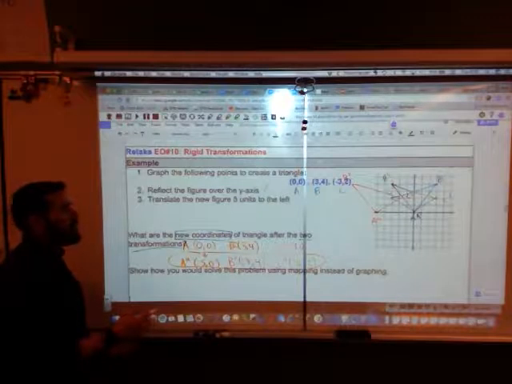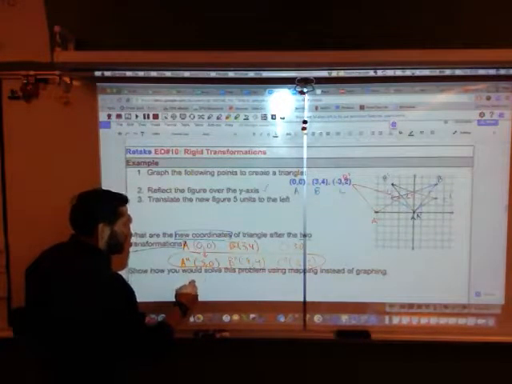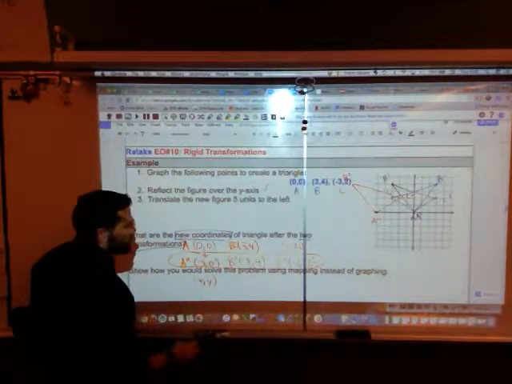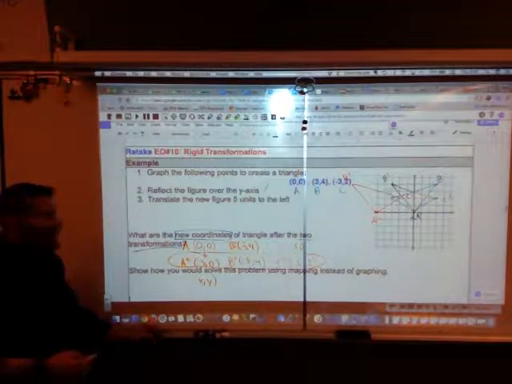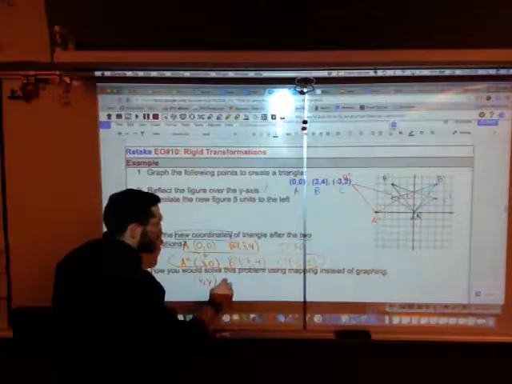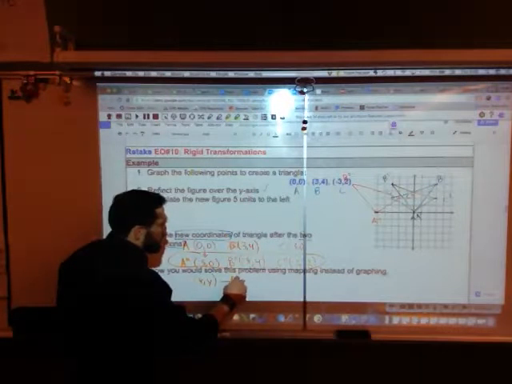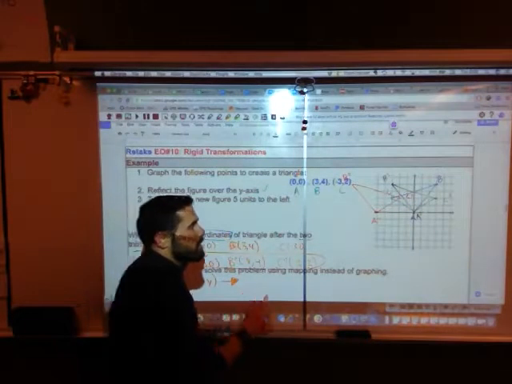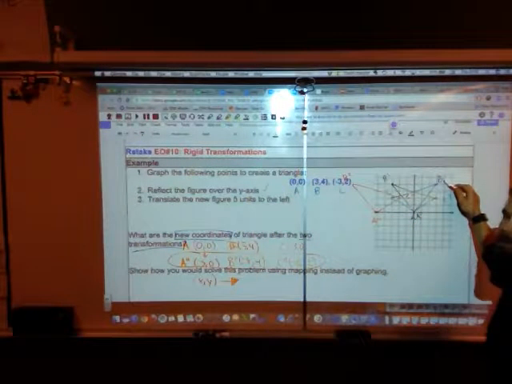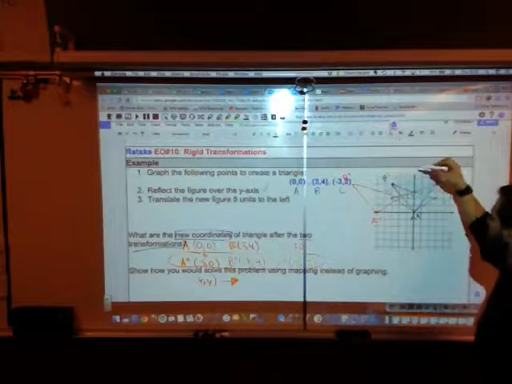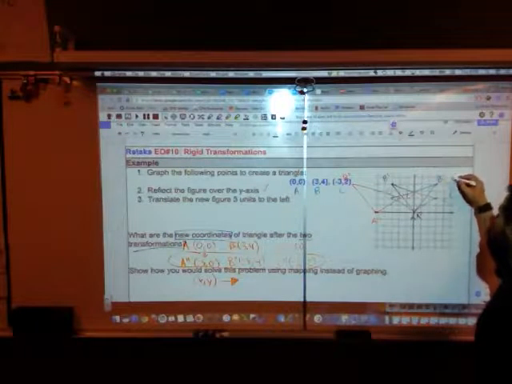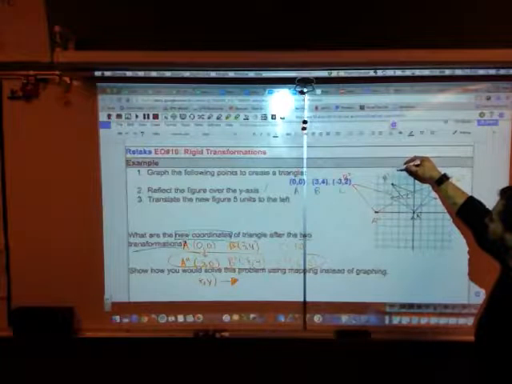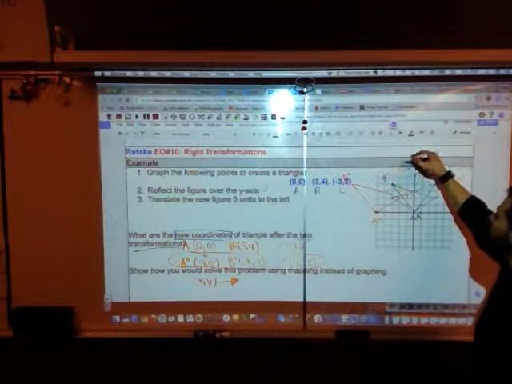So if I were to actually map this, the coordinate points of the original, x, y, would turn into, after a reflection over the y-axis, like taking B and reflecting it over the y-axis, B was at 3, 4, B prime turned into being -3, 4.